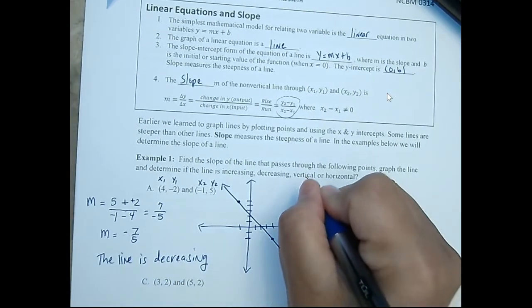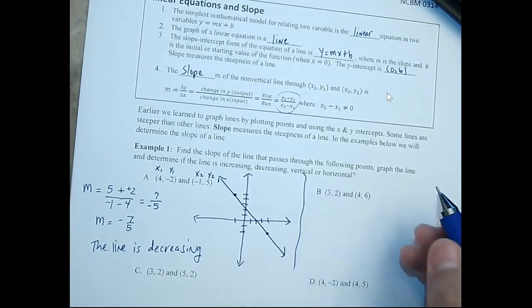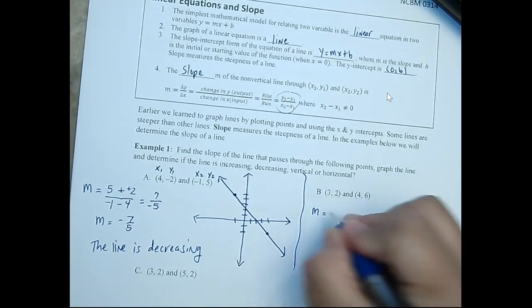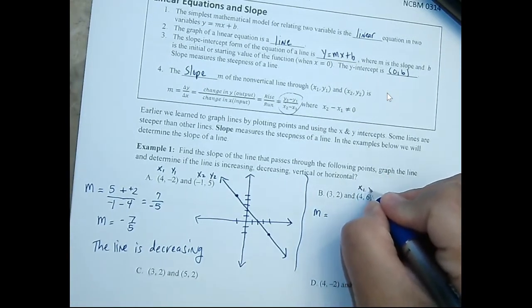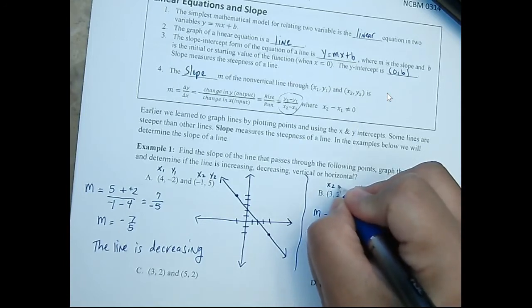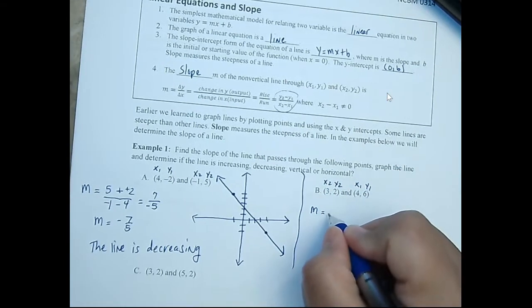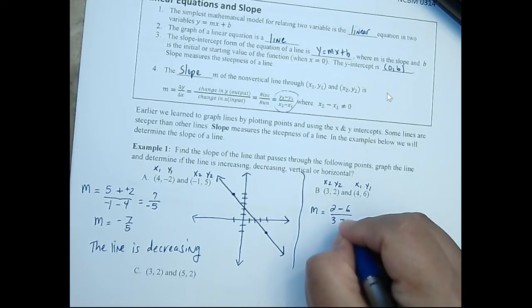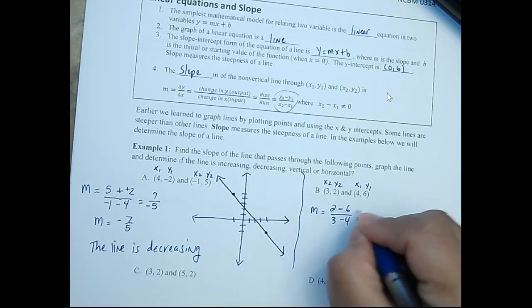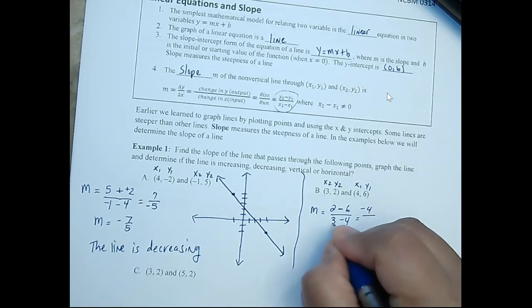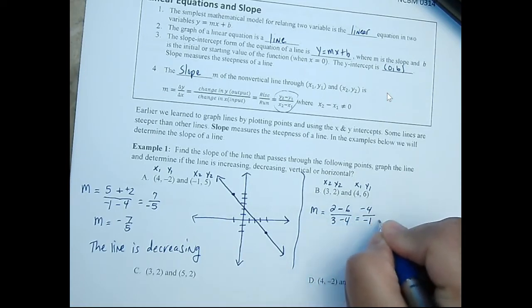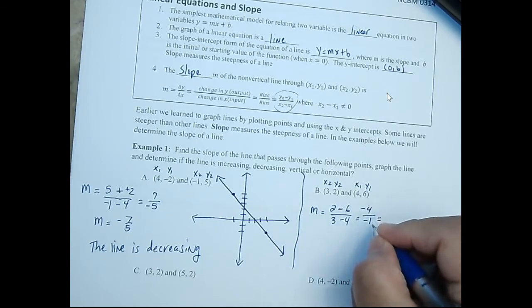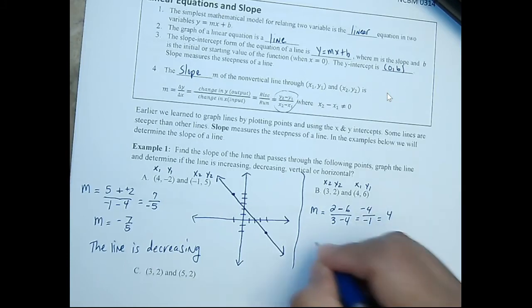Okay, let's look at letter B. We can find the slope again, and you can call these points x1, y1, x2, y2. For the slope, we have y2 minus y1 divided by x2 minus x1. 2 minus 6 is negative 4. 3 minus 4 is negative 1. Negative 4 divided by negative 1 is positive 4.